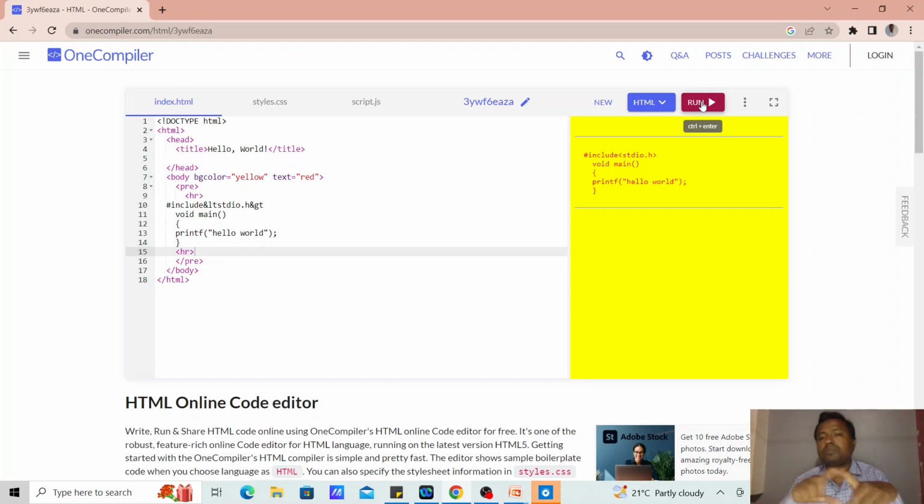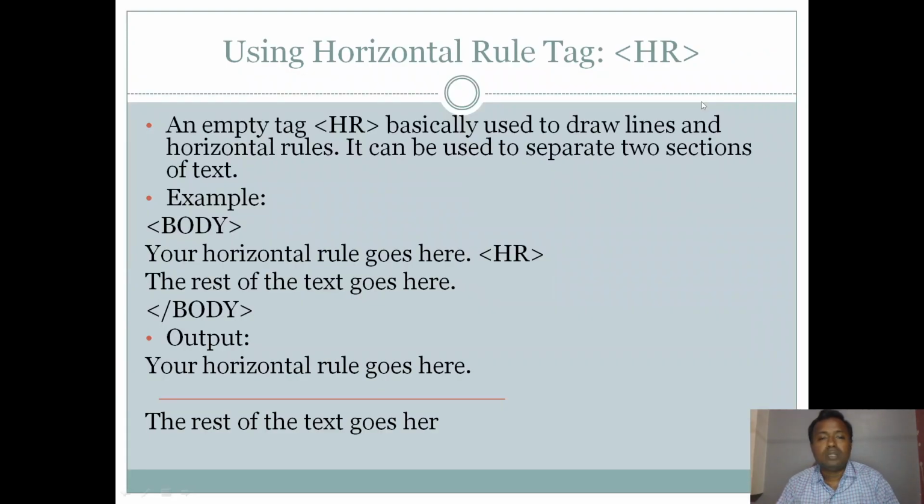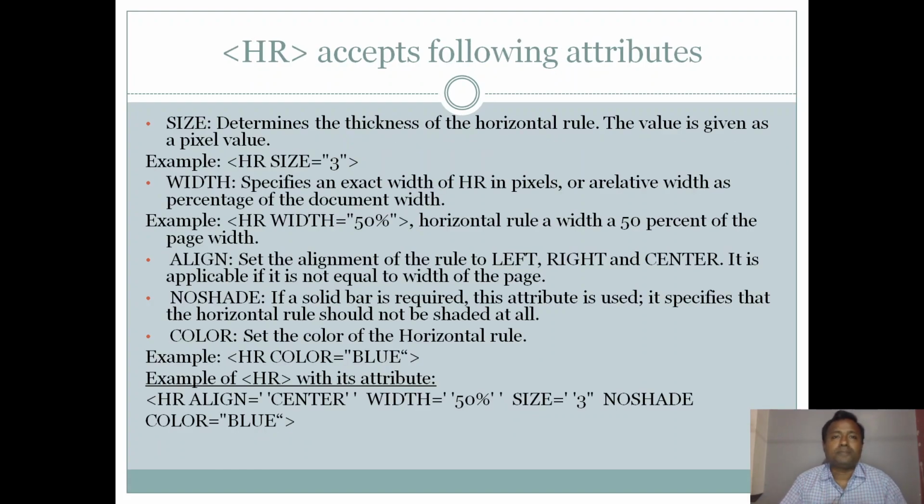Right? If you see here there is an underline. When you need such underline things, you can use this horizontal tag. With the help of this tag you can have lines. When you want to draw a boundary between two things, you can use this hr tag. Using this horizontal tag you can draw the line.